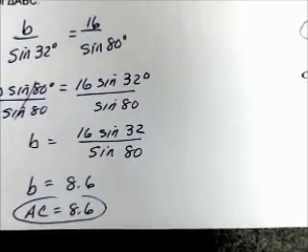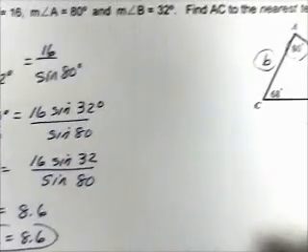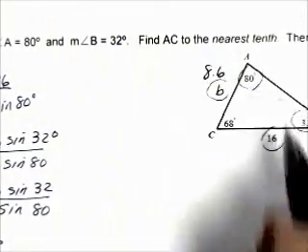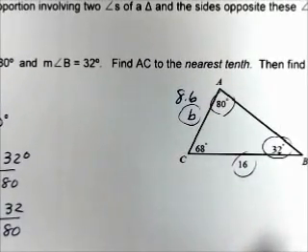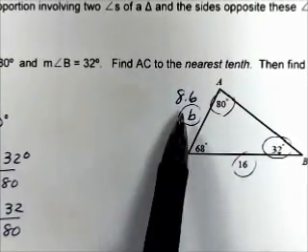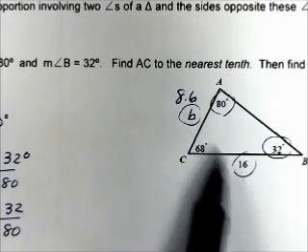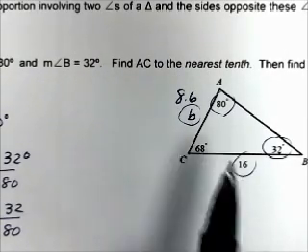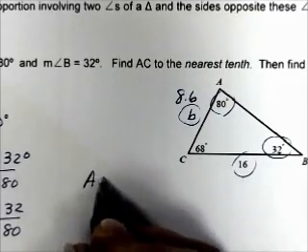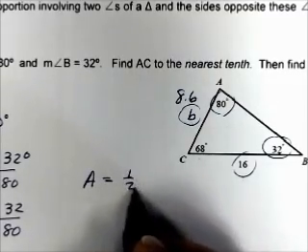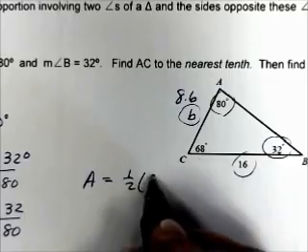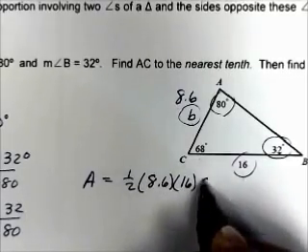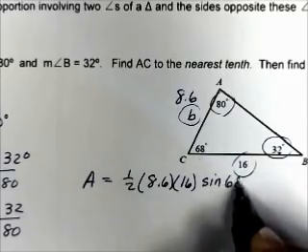Second part, we want to find the area of the triangle, right? Well, now that we know that this is 8.6, we'll use the two sides that we have, and now the included angle would be this angle of 68 degrees. So the area of the triangle is going to equal 1/2 the product of those two sides, 8.6 times 16, times the sine of 68.